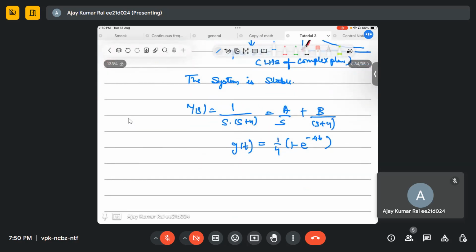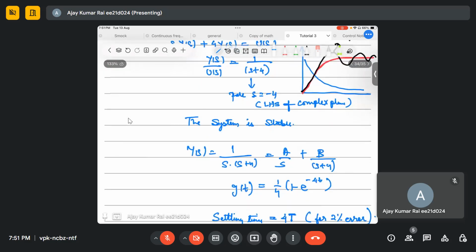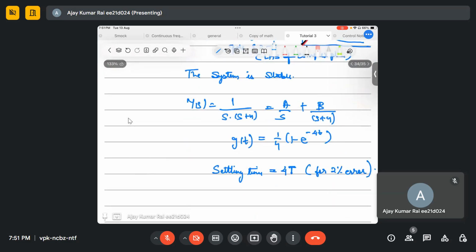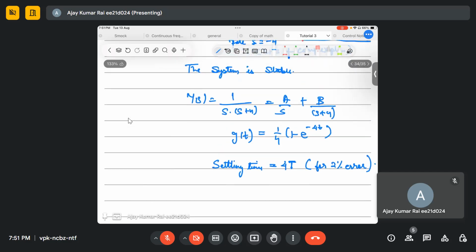So in our lectures, what have we defined as settling time? 4T, for 2% error. What is T here? Let me write the generalized response.